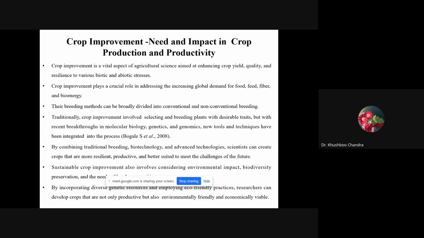Most importantly, crop improvement is not only about yield. As I told you at the very first, it also focuses on quality parameters, for example nutritional quality, environmental sustainability and economic viability. By using diverse genetic resources and eco-friendly breeding strategies, modern crop improvement supports both productivity as well as environmental conservation.